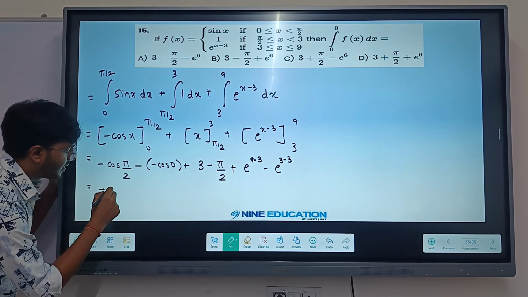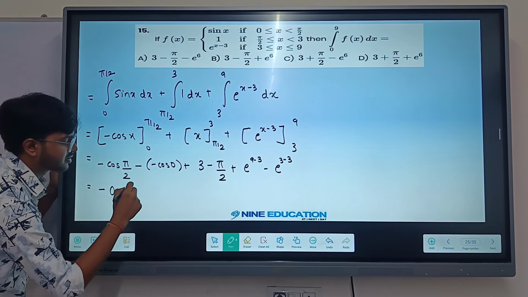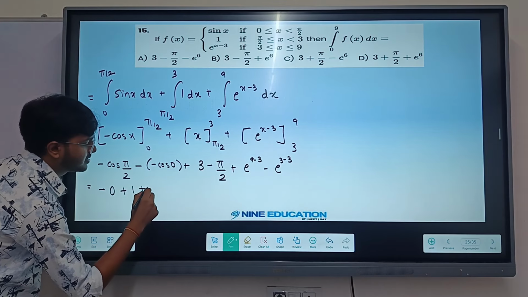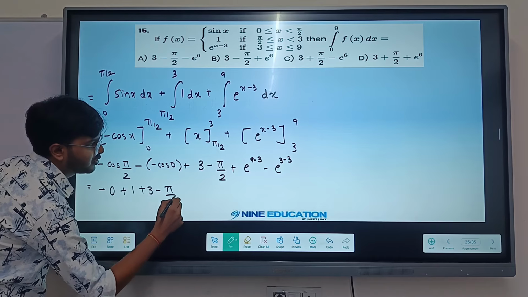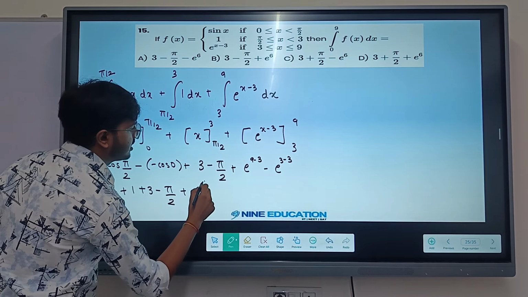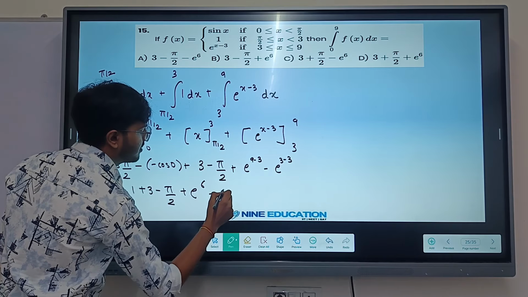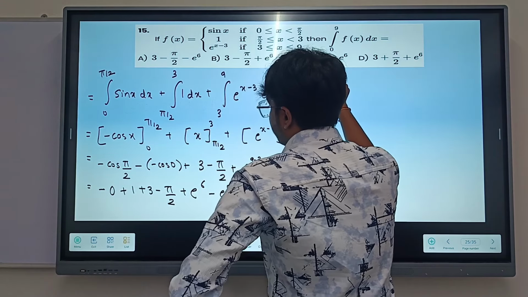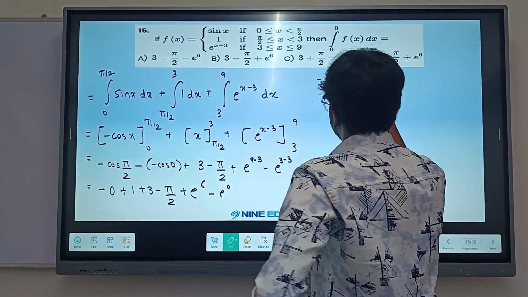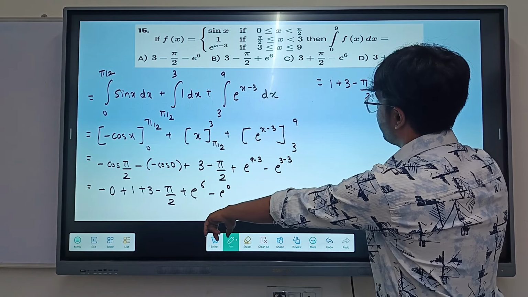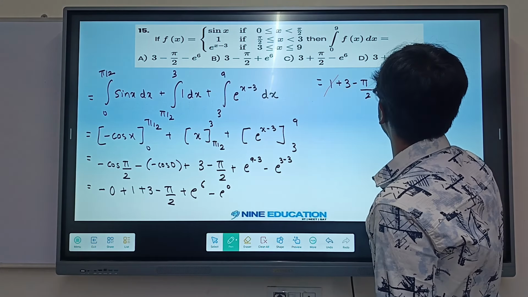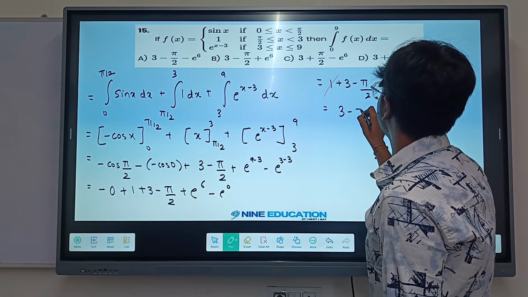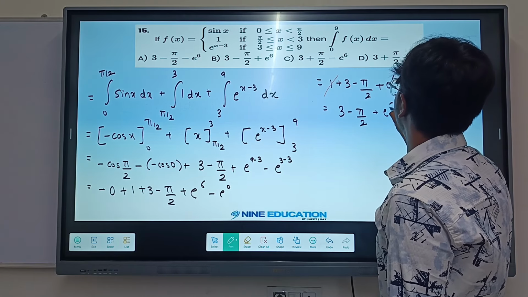So minus cos pi by 2 is 0, minus minus plus cos 0 is 1, plus 3 minus pi by 2, plus e power 9 minus 3 is 6, minus e power 3 minus 3, e power 0, which is 1. So what will I get? 1 plus 3 minus pi by 2 plus e power 6 minus e power 0, 1. 1 and 1 cancel. So the answer is 3 minus pi by 2 plus e power 6.